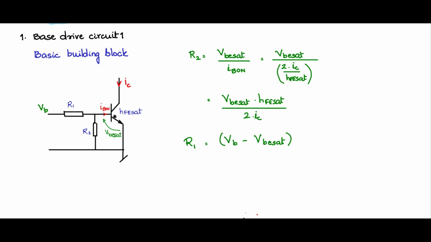There is IB on flowing into the base of the BJT. So 2 times IB on will be flowing in R1. And IB on itself we know is 2 IC by HFE SAT. So VBE SAT into VB minus VBE SAT and HFE SAT divided by 4 times IC. So this will be the equation to select R1.